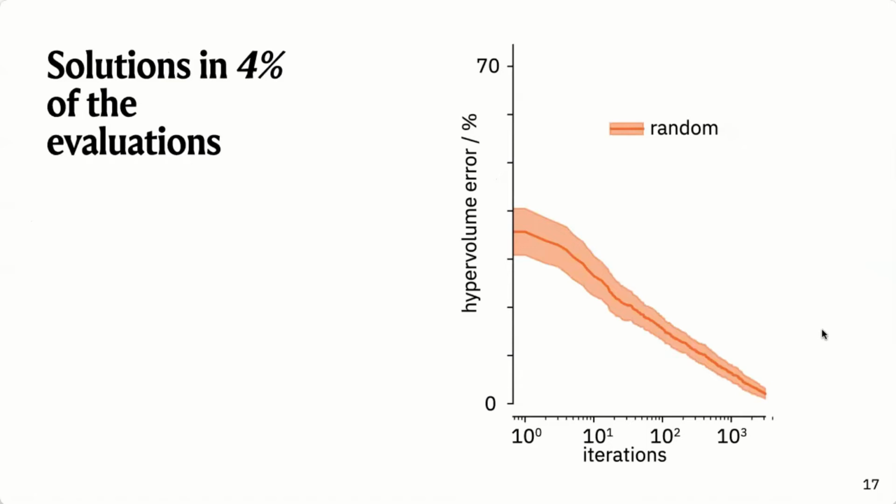And if you have no clue, you can just do a random search, and then you will get a learning curve like this. And of course, you will have some kind of error band here because you can start at different places in the random search. And so you have some kind of uncertainty. But this is how the naive approach without any help from ML would look.